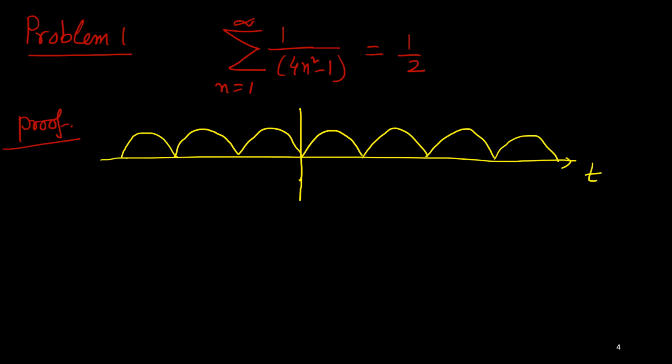You see this is the origin 0 and this is time period T naught, and the actual sine wave has a negative part here, and that is now made positive in the full wave rectifier. So this signal is x of t, and in our previous lectures we have computed the Fourier coefficients for this full wave rectifier.